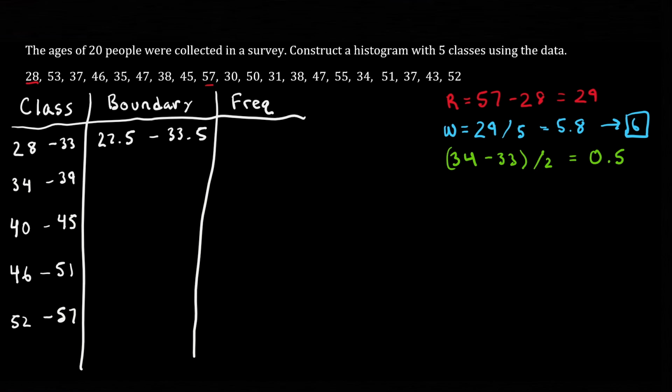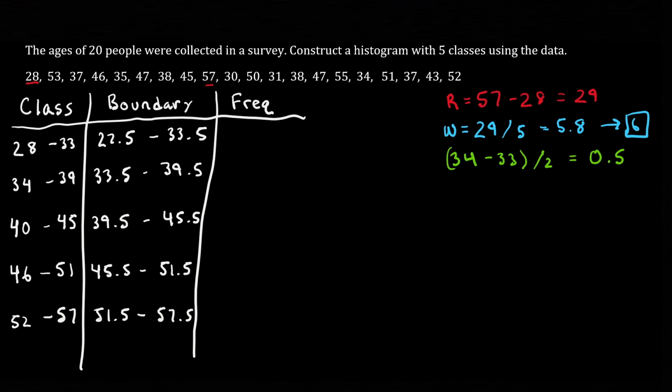Doing this for the rest of the classes, we get that for the second class, the boundary is 33.5 to 39.5. For the third class, it's 39.5 to 45.5. For the fourth, it's 45.5 to 51.5. And for the fifth class, it has a class boundary of 51.5 to 57.5.